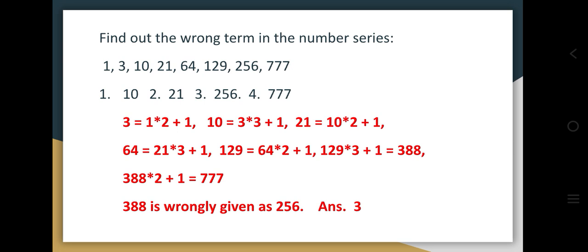Find out the wrong number in the series: 1, 3, 10, 21, 64, 129, 256, 777. So in this, we look into the pattern of the series.